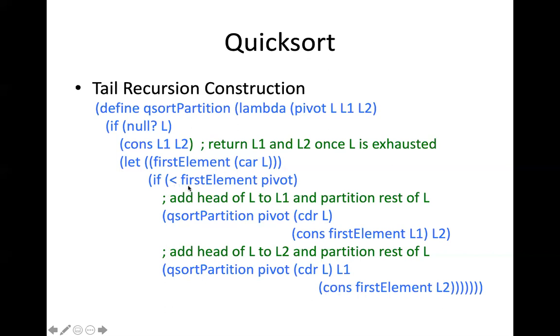So if it's less than the pivot, we call qsort partition passing the pivot. We've reduced the list by 1 element, so we pass the cdr, and we prepend the first element of the list to the lesser list. If it's greater than or equal to the pivot, same thing, except that we prepend it to the front of the greater list.